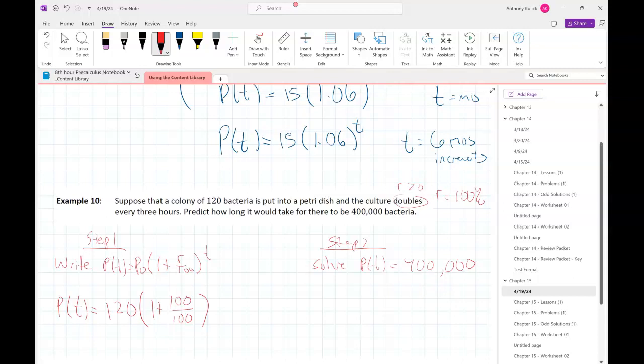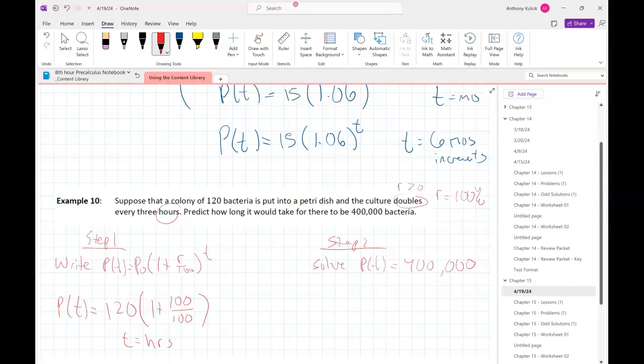Okay? And then what unit should I have t in? What do you guys think? I would do in hours. How much of that doubling happens in 1 hour? Takes 3 hours to double.